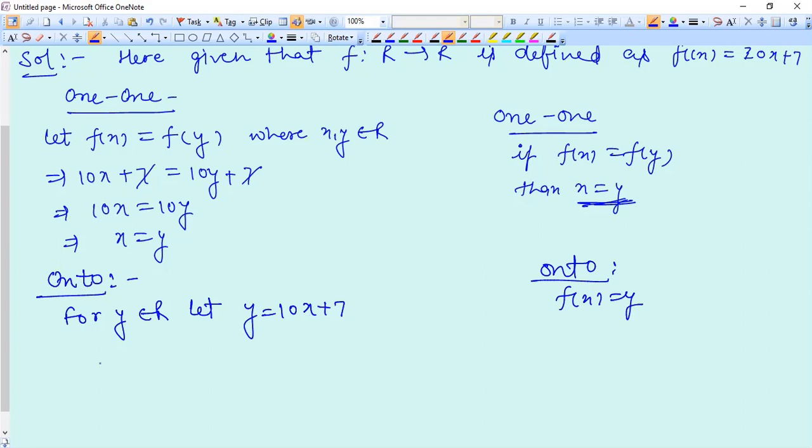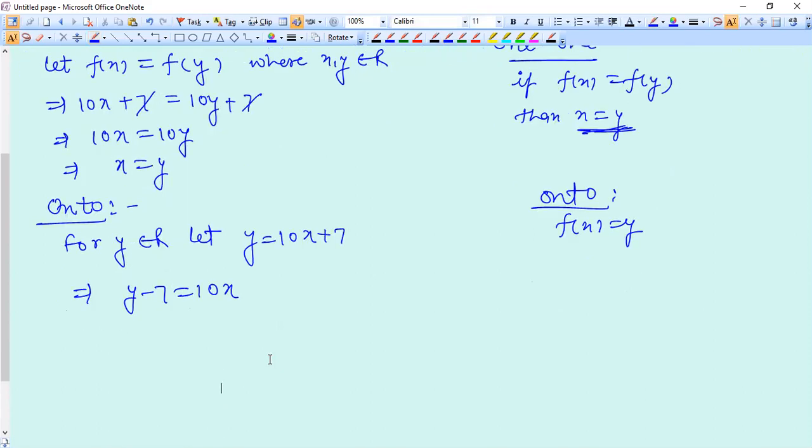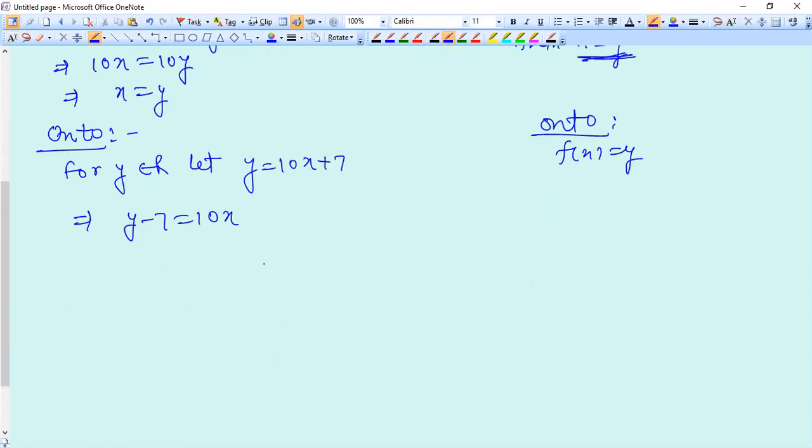So we find that from this, y minus 7 is equal to 10x. Now dividing by 10 on the left-hand side, we get x is equal to (y minus 7) upon 10, which is also a real number. We know that for all values of y, we will also get x as a real number.